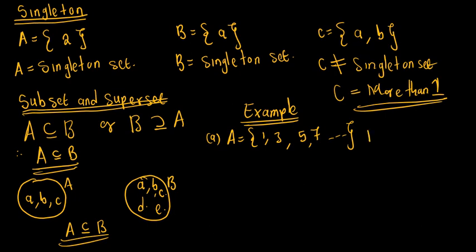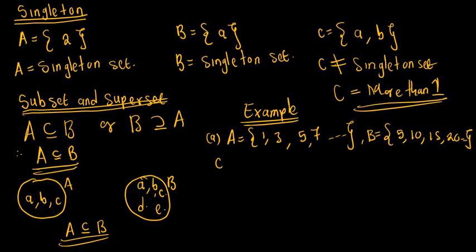And we have B, a set that contains 5, 10, 15, and 20, and of course it continues like that.